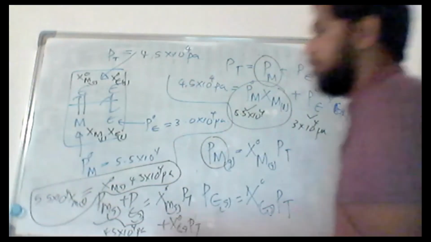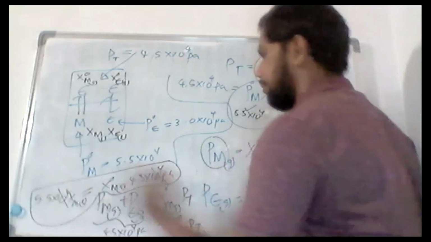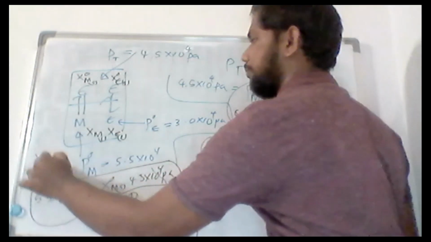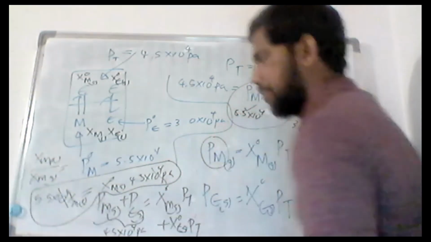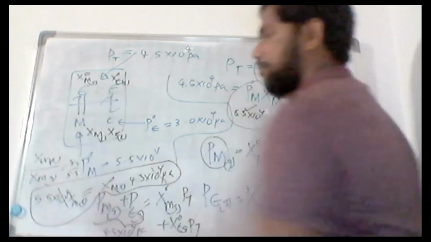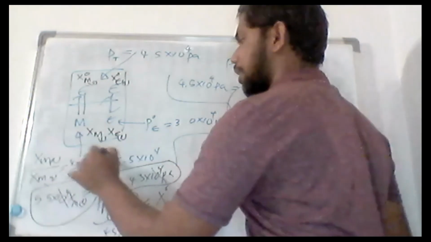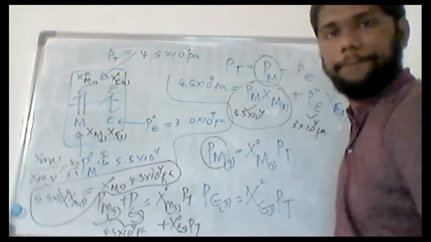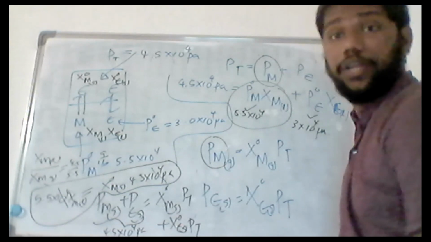Right? So you can cut this one and this one. So XM liquid over XM gas will be equal to 4.5 over 5.5. So there is a ratio of 9 over 11. You understand it? There is a ratio of 9 over 11.